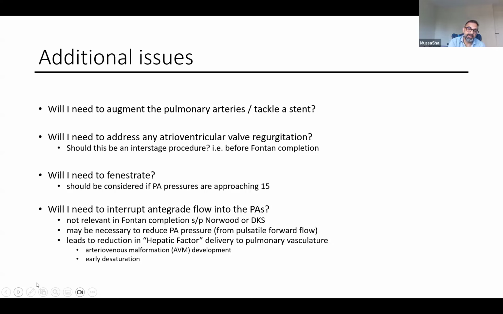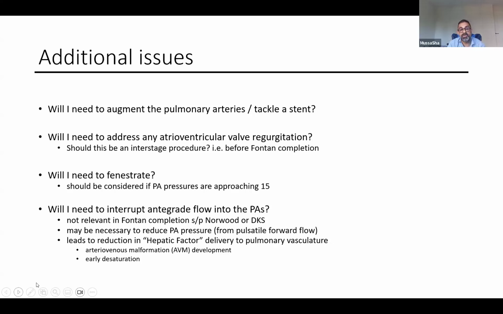However, there is a problem with that, in that the blood that's coming from the heart has so-called hepatic factor in it, which we don't really know what it is, but it seems that blood flowing from the liver through the right atrium and into the pulmonary vasculature does have an effect on reducing the amount of arteriovenous malformation development.